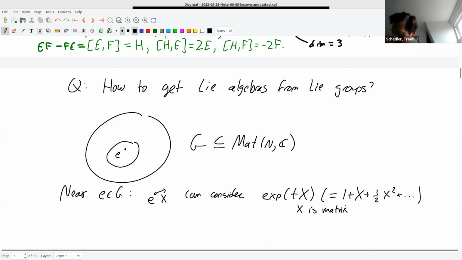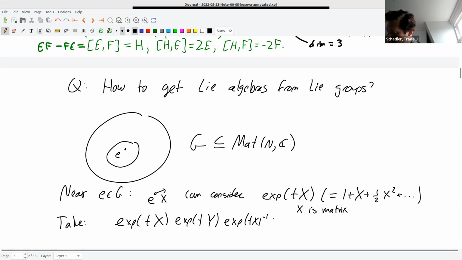We can consider that, and now we can take exp(tX) and exp(tY), and take their commutator. This is going to be trivial if the group is abelian. If the group is not abelian, this is going to be something interesting. And if you write the expansion of this, it's going to look like t(XY minus YX) plus higher order terms.